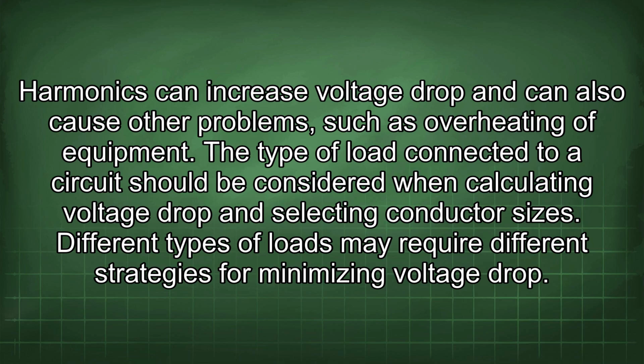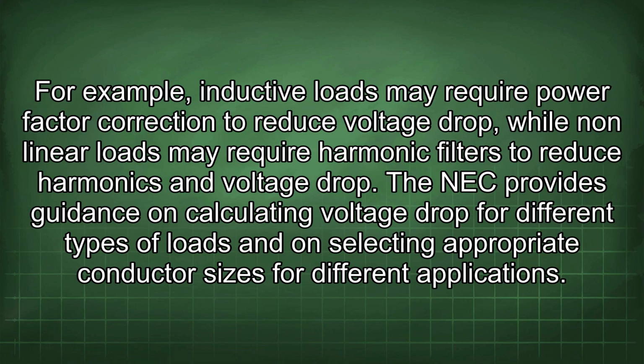The type of load connected to a circuit should be considered when calculating voltage drop and selecting conductor sizes. Different types of loads may require different strategies for minimizing voltage drop. For example, inductive loads may require power factor correction to reduce voltage drop, while nonlinear loads may require harmonic filters to reduce harmonics and voltage drop.